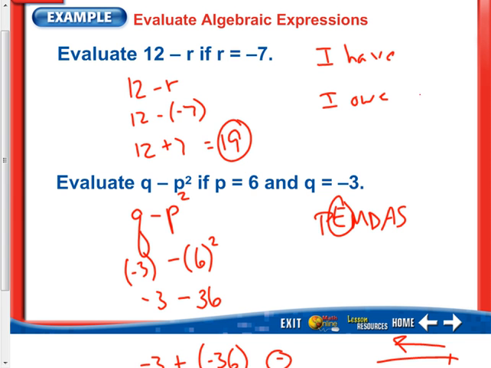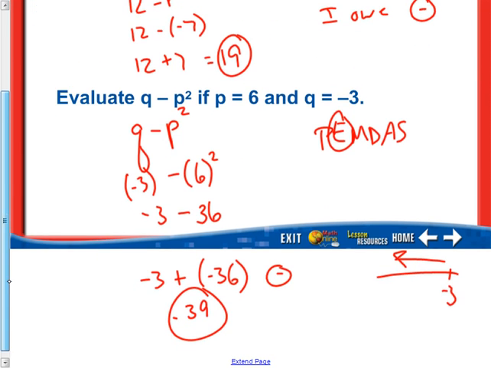Whenever you see a negative, you say I owe. Whenever you see a positive, you can say I have. And when you start thinking about money, it gets a little bit easier. Okay, so like this, I owe somebody $3 and I owe somebody $36. So I owe 3 and owe 36. So obviously altogether you owe $39.